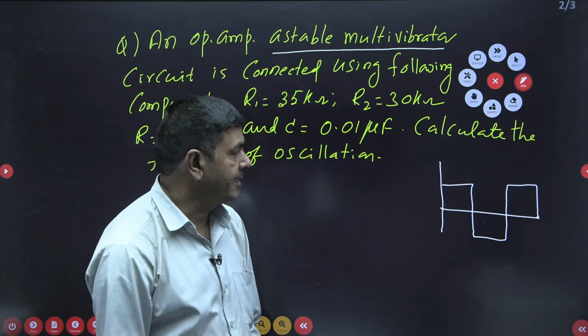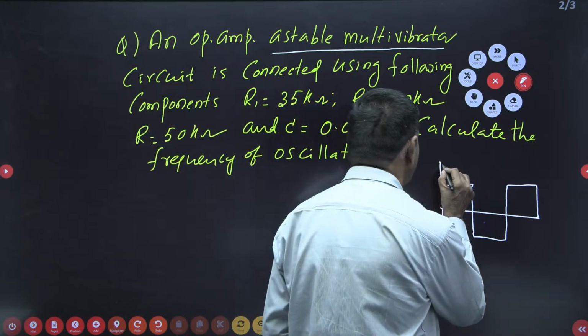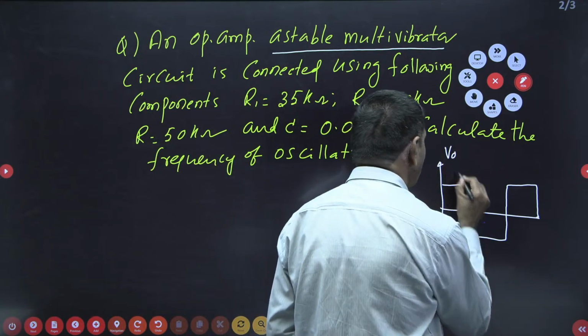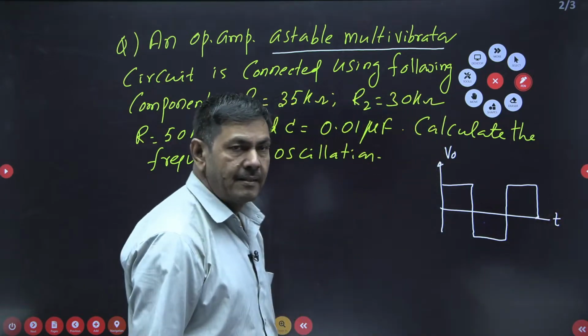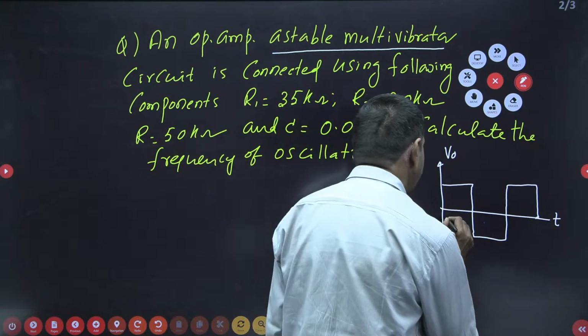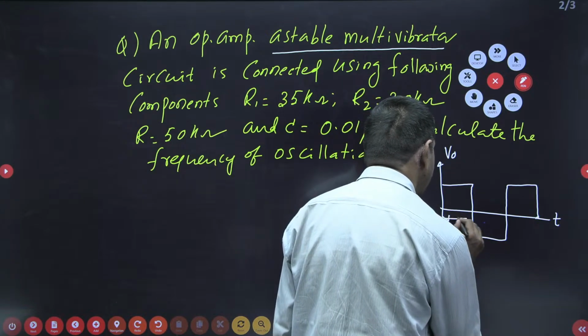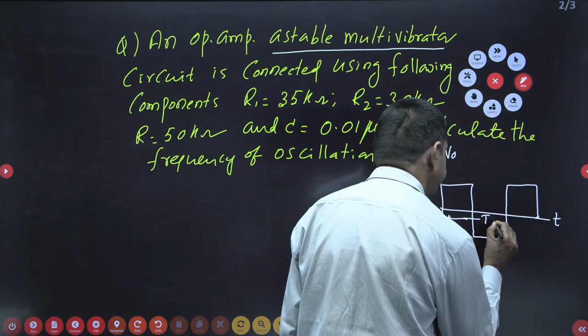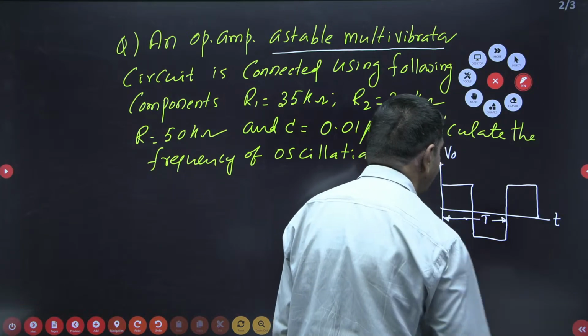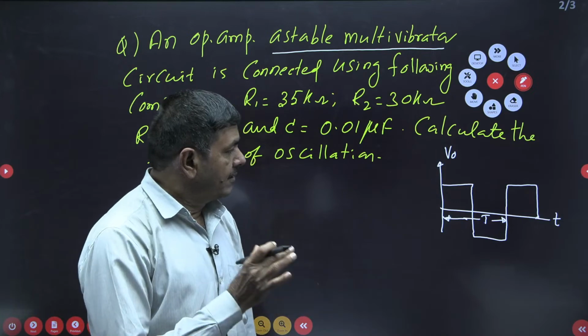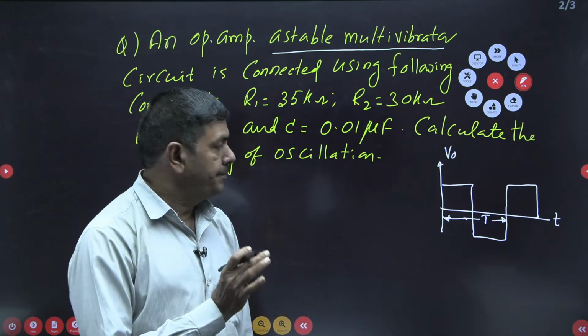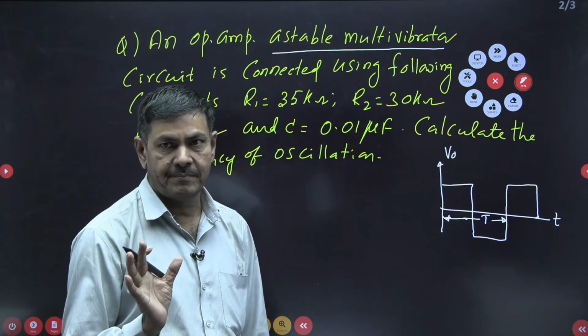The astable multivibrator can generate the output waveform in this way. If output versus time is taken, it comes like this. We know very well the time taken for one cycle is nothing but capital T. To measure the time period T, there is a formula.